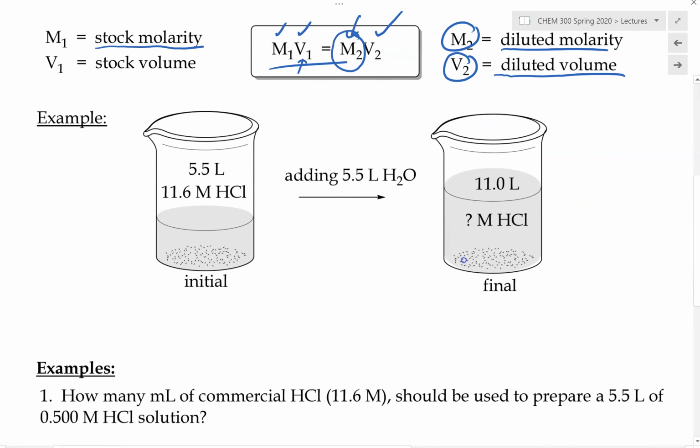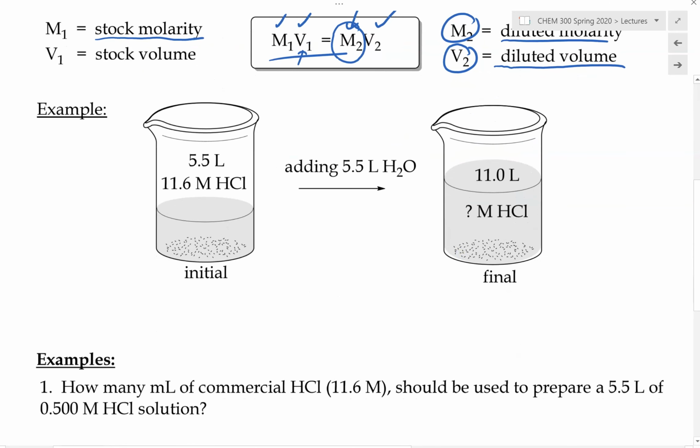For an example, let's say we have a beaker of an HCl solution. This is the initial or the stock solution. Initially, we have 5.5 liters of this solution, and let's say the concentration is 11.6 molar.